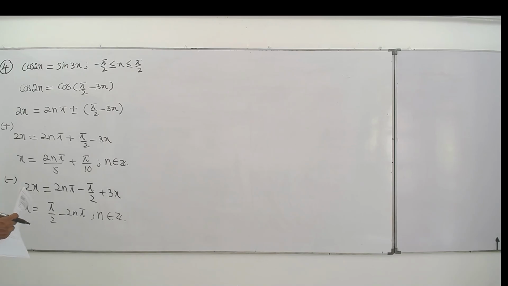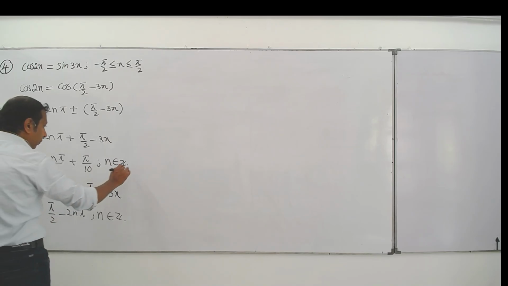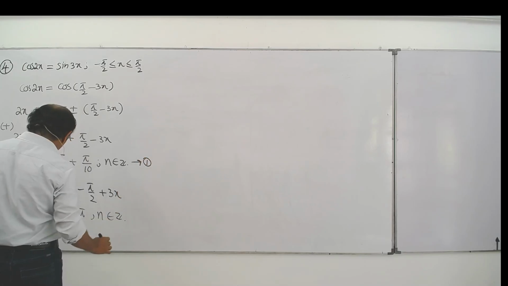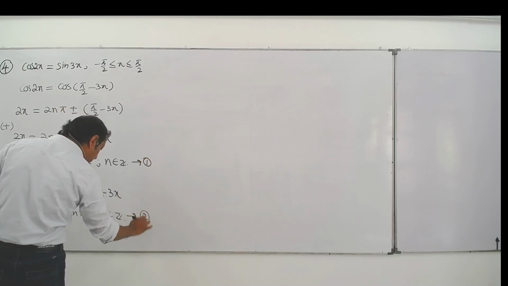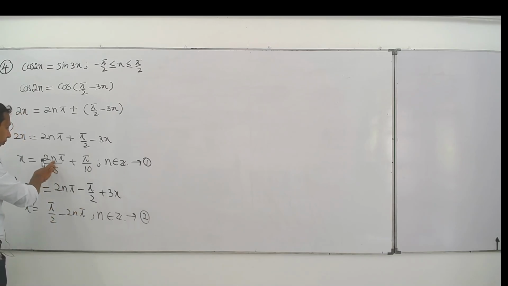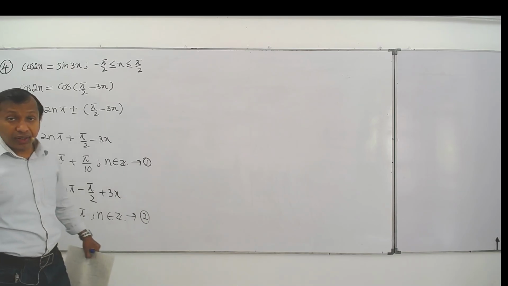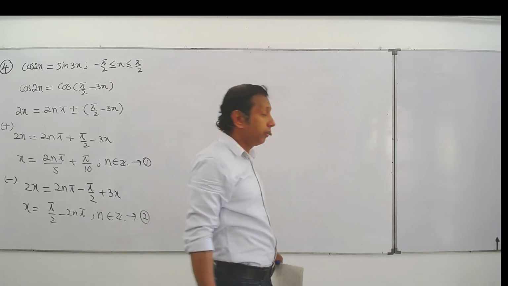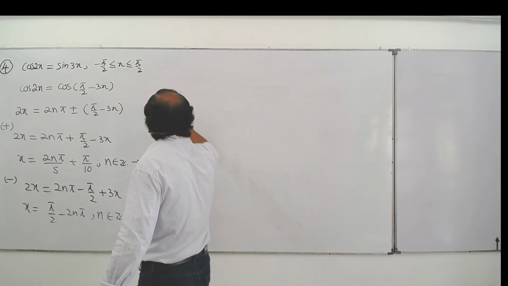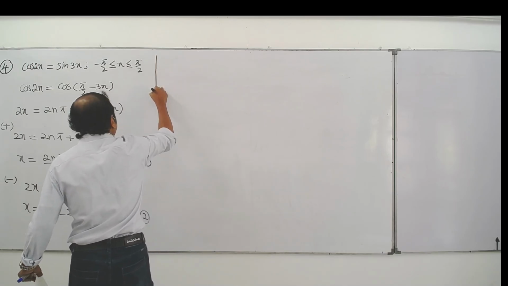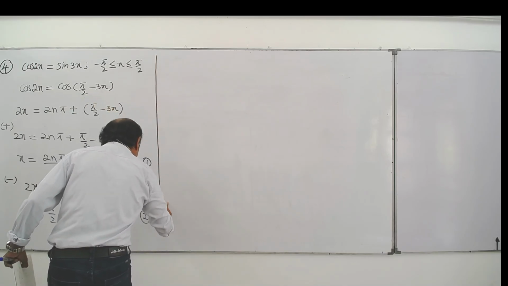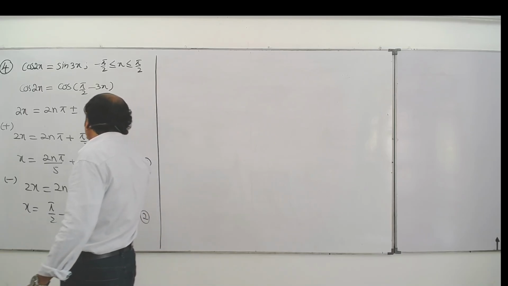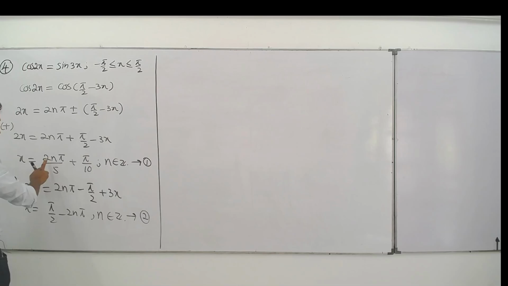Okay, now if I take this as solution set number 1, this as solution set number 2, by giving some integral values for this n, you can find the x, but that x should be in the interval between minus 90 and plus 90 degrees. So, first I put n equals 1 here: we get 2 pi by 5 plus pi by 10.